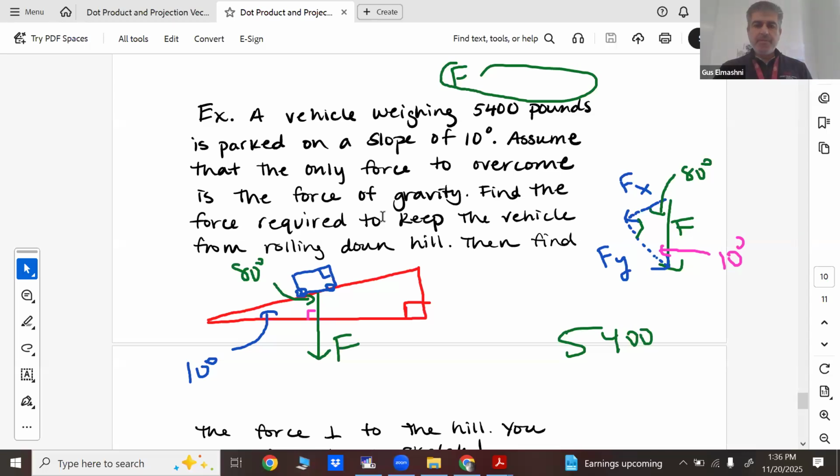It's like making the normal. Wait, hold on a sec. Oh, I see what you're saying. Because I drew the legs behind. Ah, no, you're right. Let me redo that, because I messed that one up pretty royally.